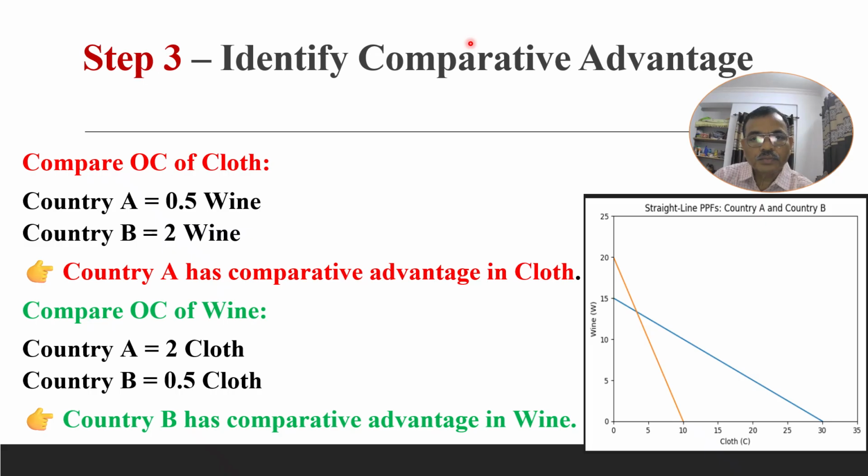It shows all maximum possible combinations of cloth and wine that the country can produce using its given labor and technology. Because we are in the Ricardian model with constant opportunity cost, the production possibility frontier is a straight line.